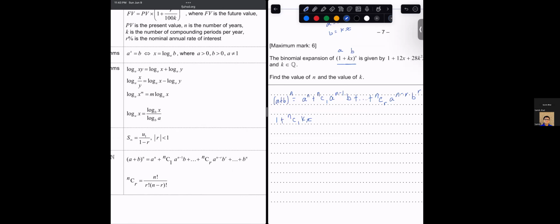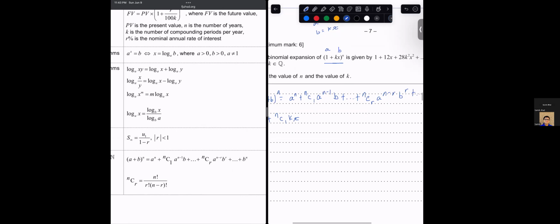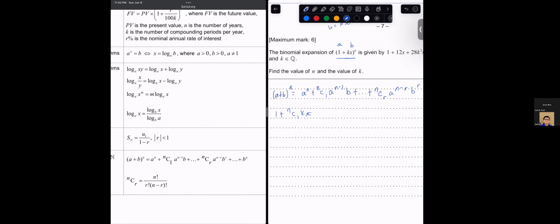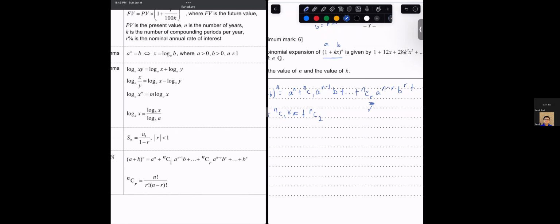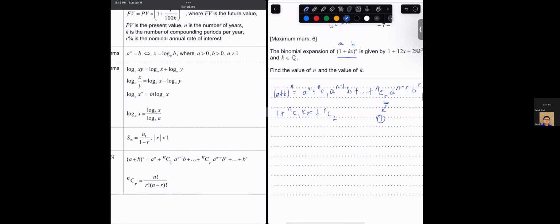So what I will write now is the next term. The next term will simply be plus nC2, obviously. Our r value was 1 in the first case, and now our r value is 2, so in the formula we have to change something.